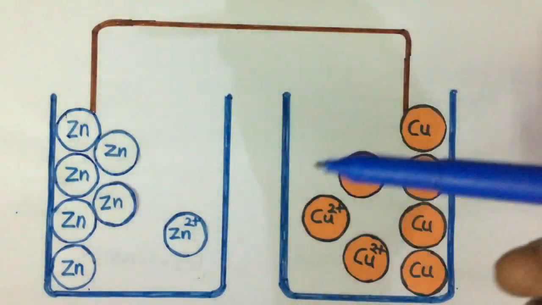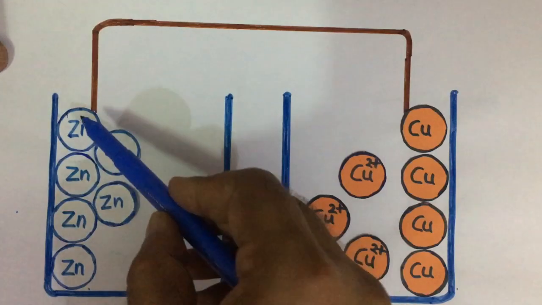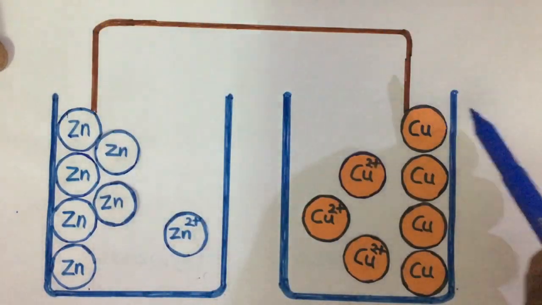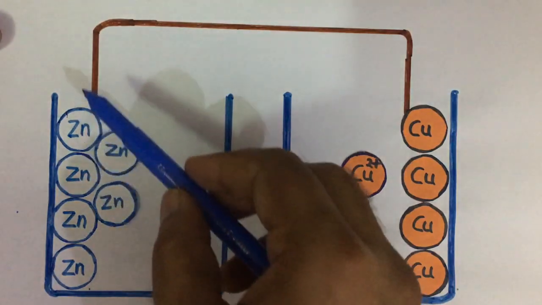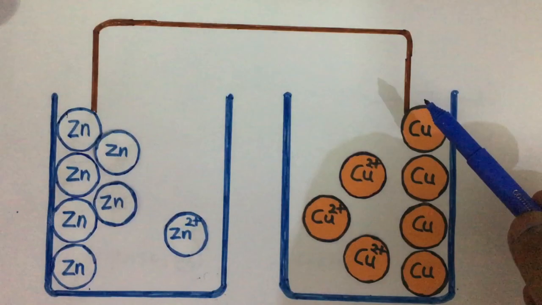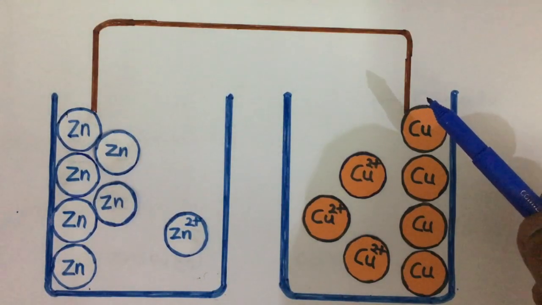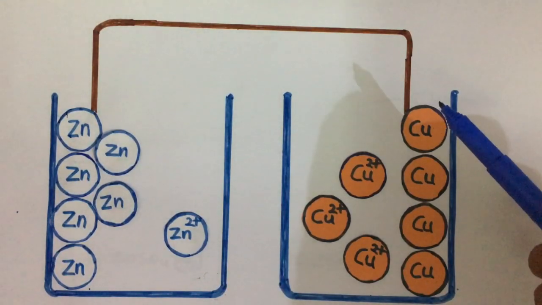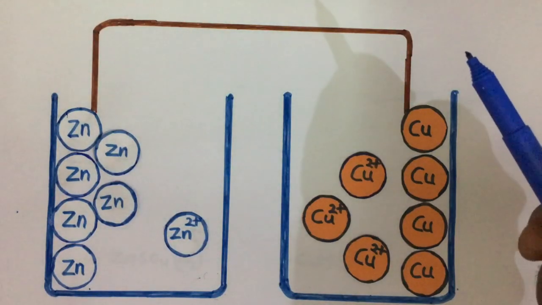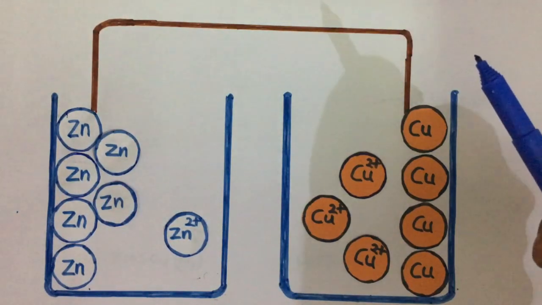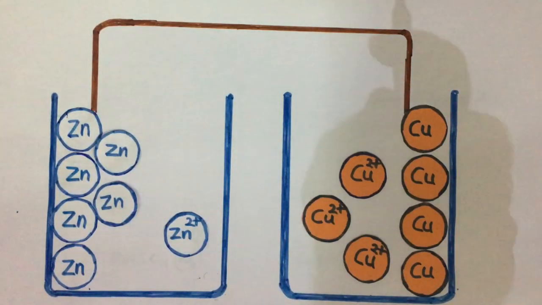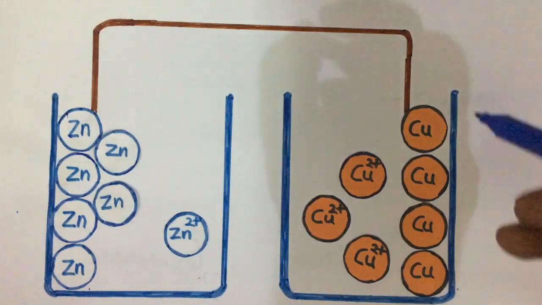The two electrodes are connected through the external wire. Now there is a competition between zinc and copper for the electron. Both want to pull the electron, and in this pull one of them will win and one loses.